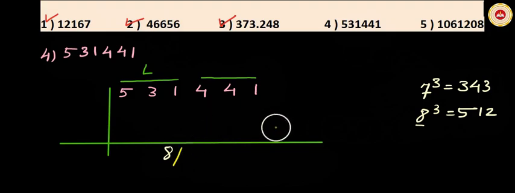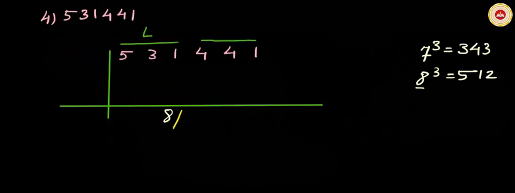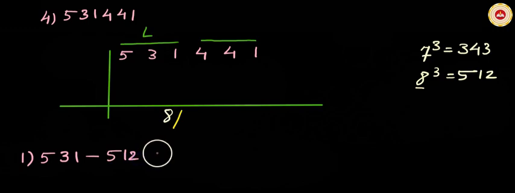Now next step is, first step is step number 1. Subtract, see, first let me write left group 531 minus, subtract cube of first leftmost digit of a cube root. What is cube of 8? 512. 512, which is equal to how much?